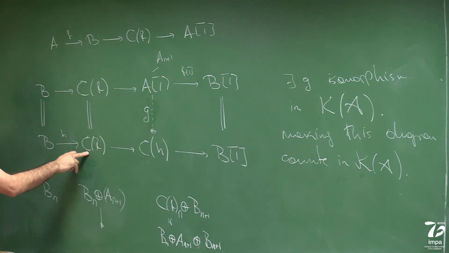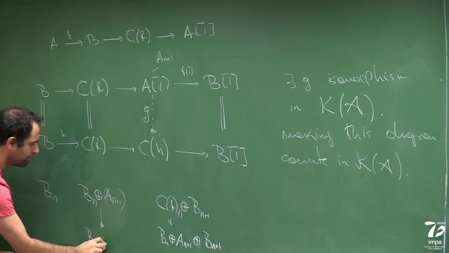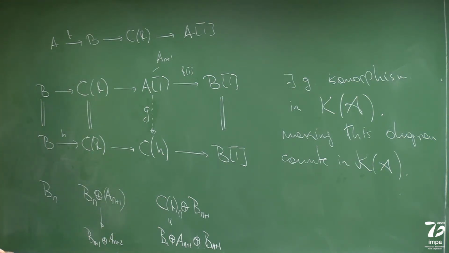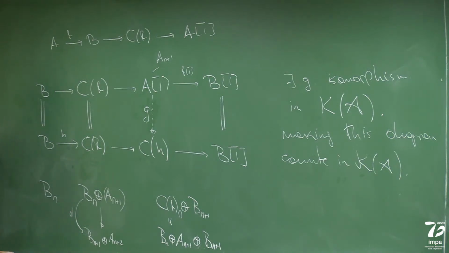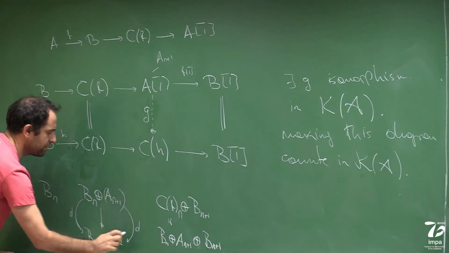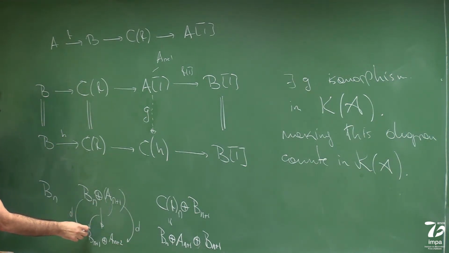So the differential in the C of f is a map from that to Bn plus 1, An plus 2. And I can take the differential on Bn here, I can take the differential on An here, and I get a map from An plus 1 to Bn plus 1 by f.